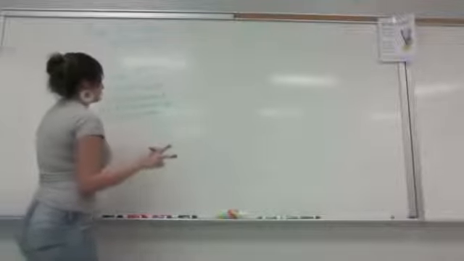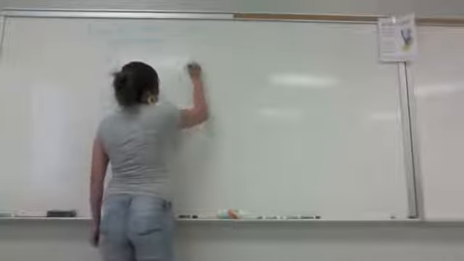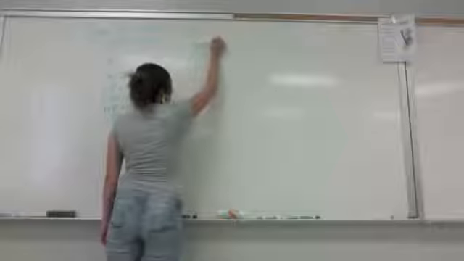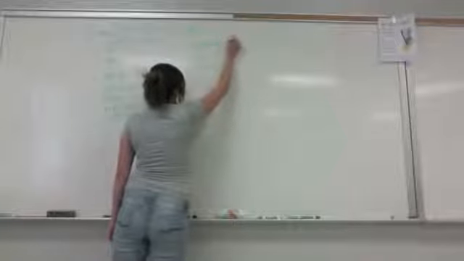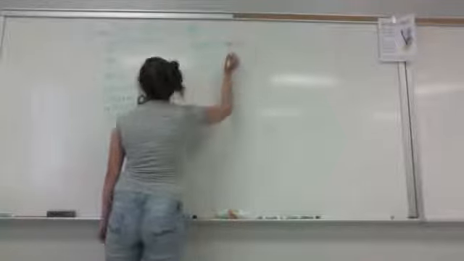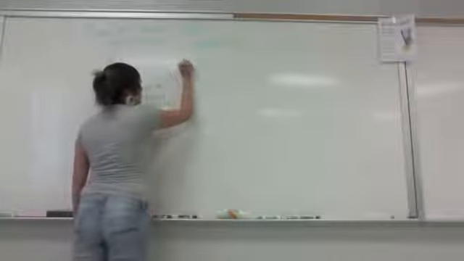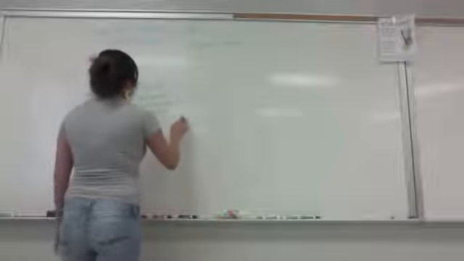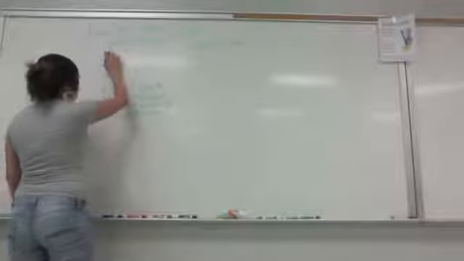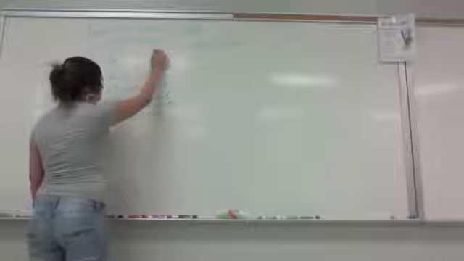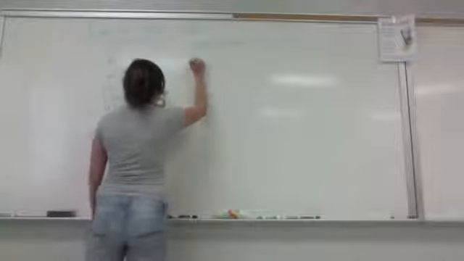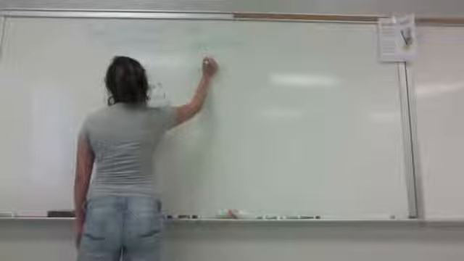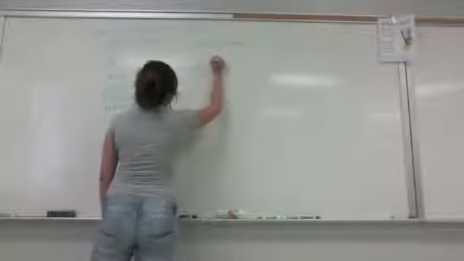Now we need 2 more zeros, so we're going to use synthetic division. We're going to plug negative 2 right here. Then we're going to get the numbers in front of every variable plus the 2, so we're going to use 1, 1, negative 1, and 2.